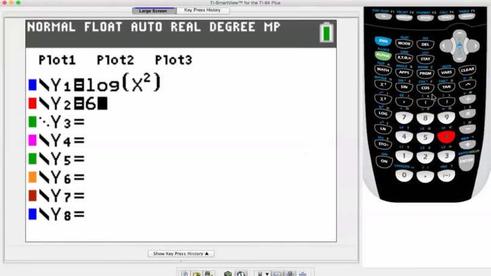Okay, answer. When is the logarithm of x squared equal to 6? This has two answers. One of the answers is positive 1,000. And the other answer is negative 1,000.